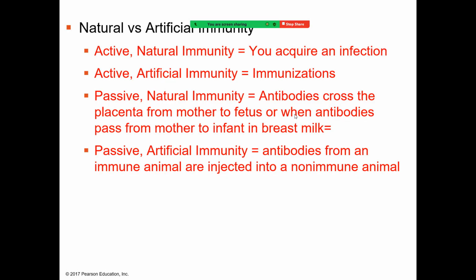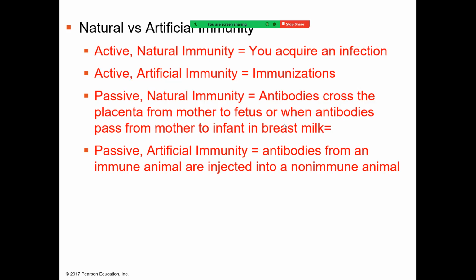Passive natural immunity occurs in babies. So antibodies are able to cross the placenta from the mother to the fetus. So while the baby is gestating in utero, the fetus can receive antibodies. The other way that this can happen is when antibodies pass from the mother's breast milk to the baby. So again, breastfeeding is another great way for a mom to pass her antibodies on to her baby.